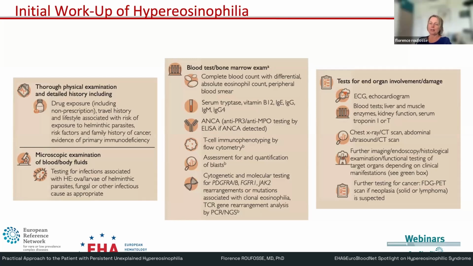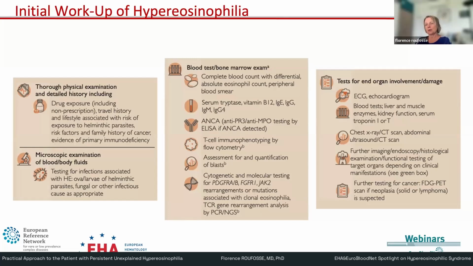For the different complications with the lungs, you'll be doing a chest CT, perhaps also pulmonary function tests. If you have GI tract manifestations, you'll be doing endoscopy, eventually an abdominal CT scan.